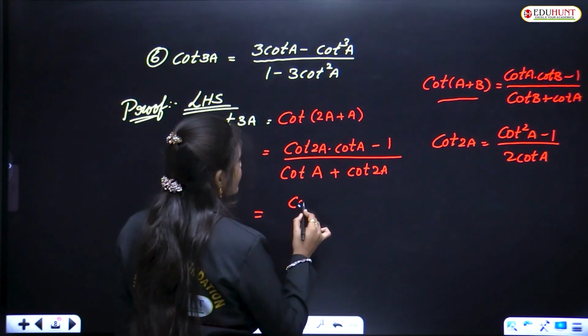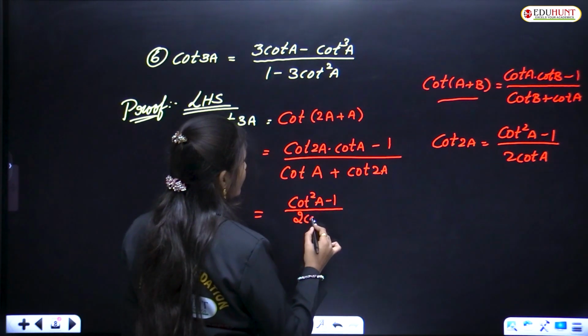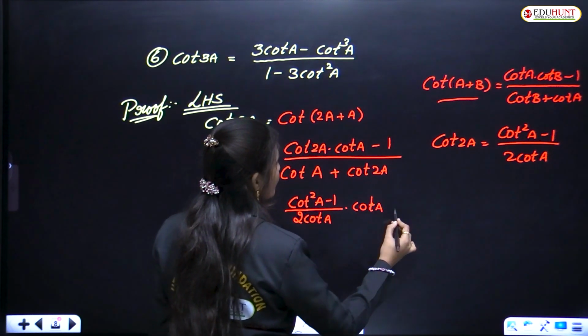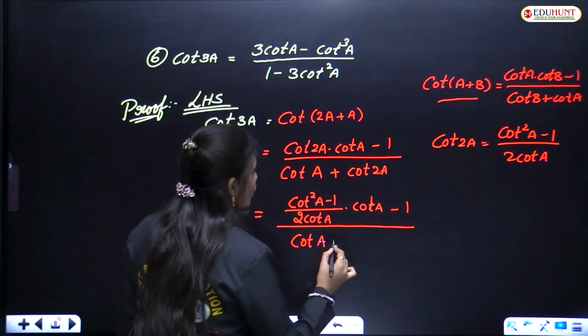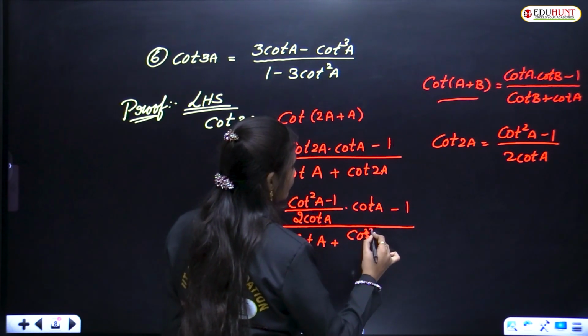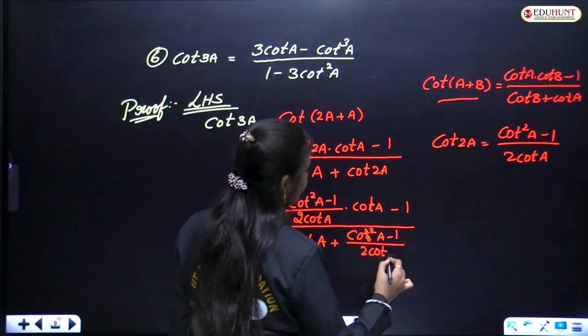So cot square A minus 1 by 2 cot A into cot A minus 1, whole by cot A plus, again the cot 2A formula, cot square A minus 1 by 2 cot A.